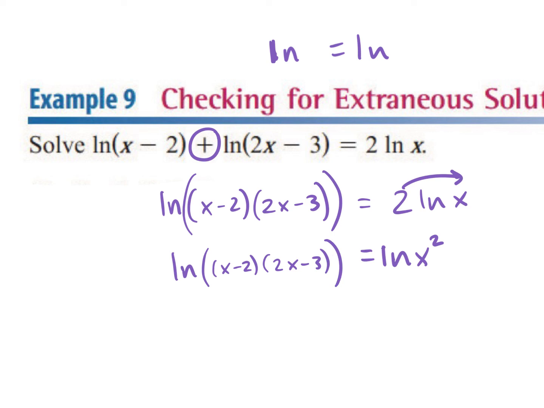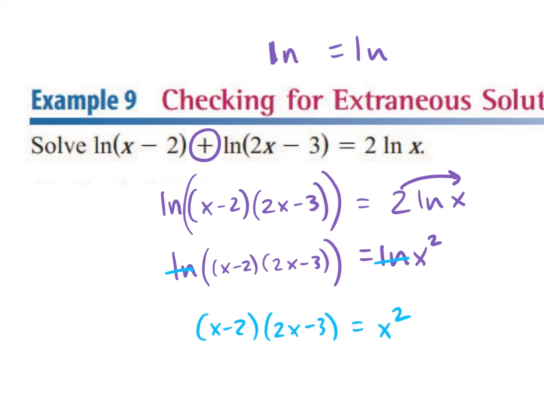Now I have just an ln is equal to an ln, so they cancel. So this would be x minus 2 times 2x minus 3 is equal to x squared.